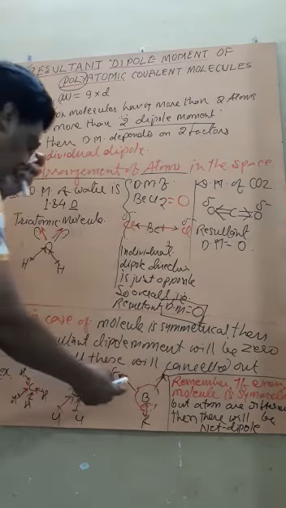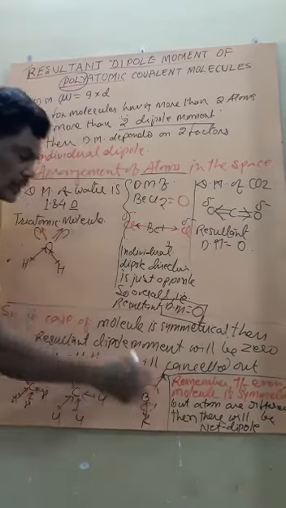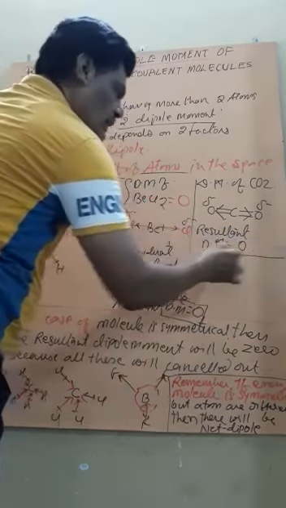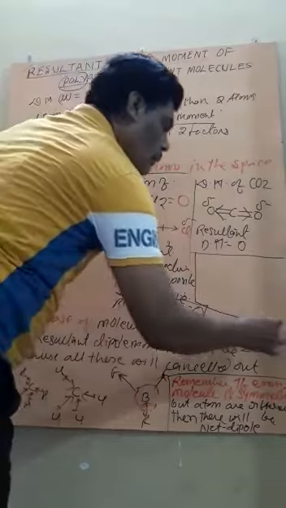That means in the case of CH4, all the atoms are hydrogen. In the case of CCl4, all the atoms are Cl. In the case of BF3, all the surrounding atoms are F. In this case, symmetry as well as the same atoms are present in the surrounding. Therefore, there is zero dipole moment.